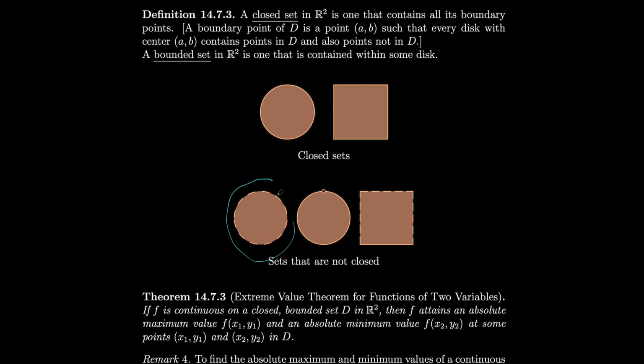So this set is not closed, and this set is missing one boundary point. In this case, this set has all of its boundary points in the bottom, but not on the sides, where they're all dashed. So we've deliberately not said that these sets are open, because it turns out the opposite of closed is not open. And so we'll just say that they're not closed. You might see that later on in topology explained a little bit more.